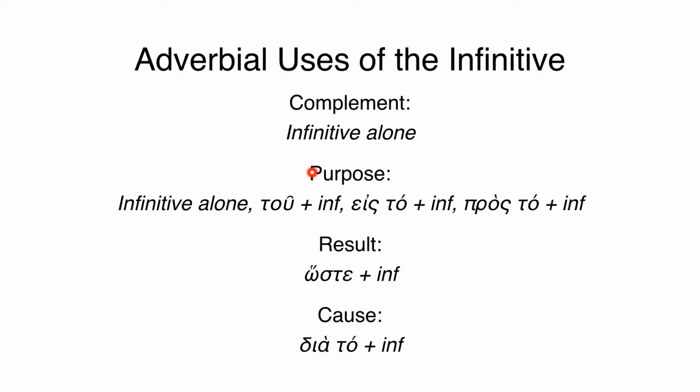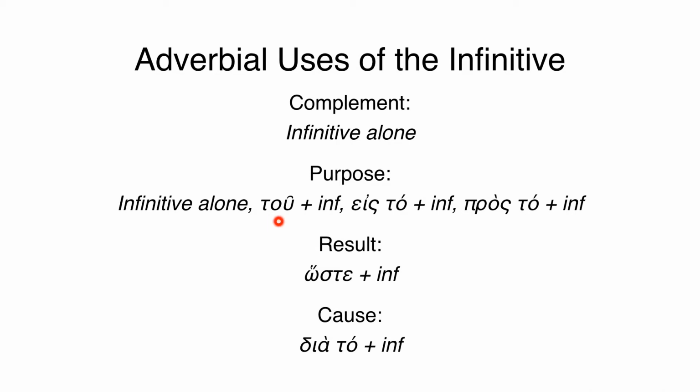A very common use of the infinitive is to indicate purpose. There are a number of constructions that need to be learnt so that when we see these constructions involving the infinitive, we will know that purpose is indicated. Now, this can occur with the infinitive alone, but more often will be found in the following constructions.